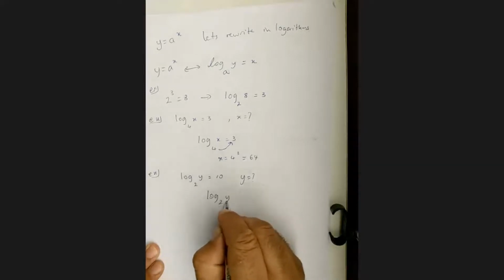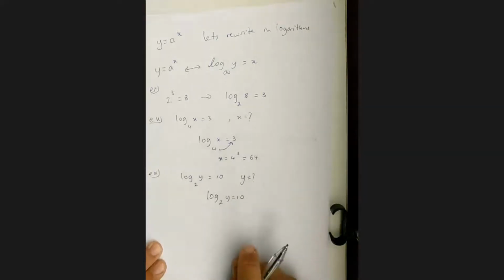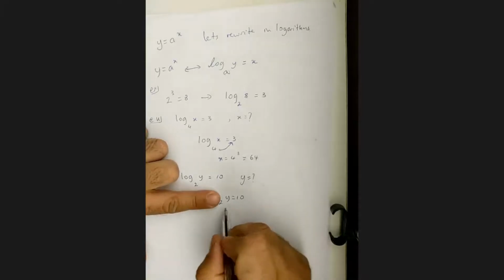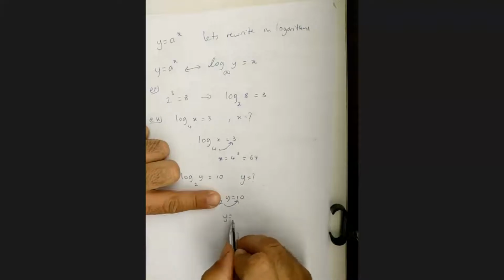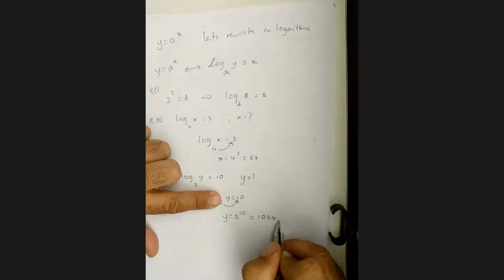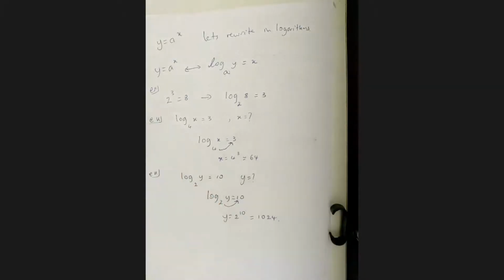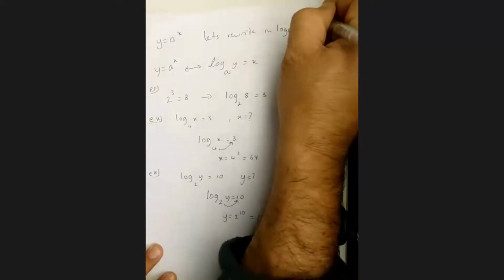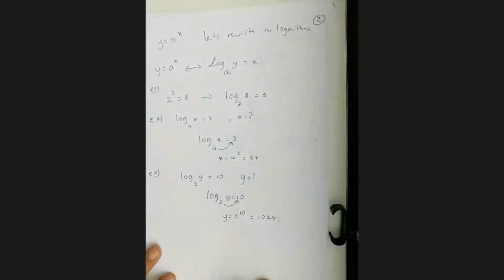Write the equation, close that log, and move that 2 as the base of 10. So y is equal to 2 to the power of 10, which is 1024. This is logarithm, okay? This is what we call logarithm.